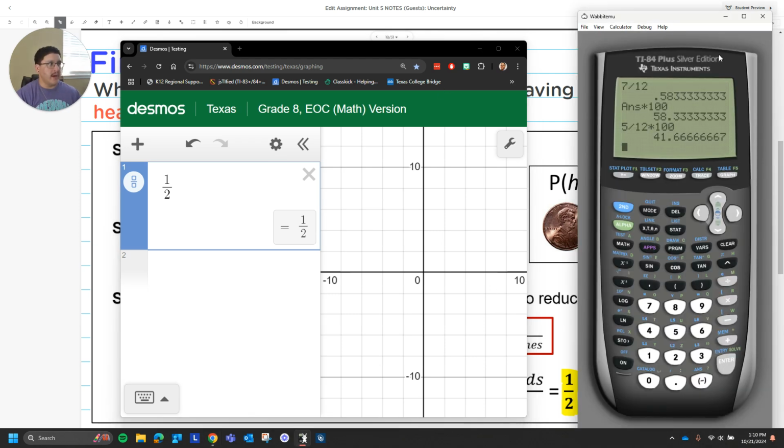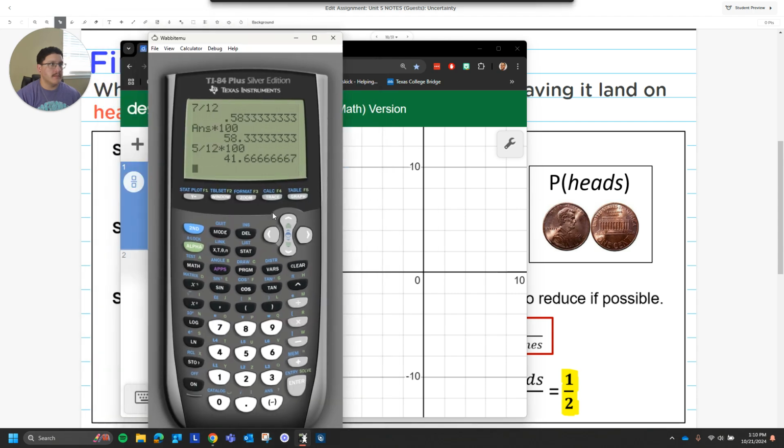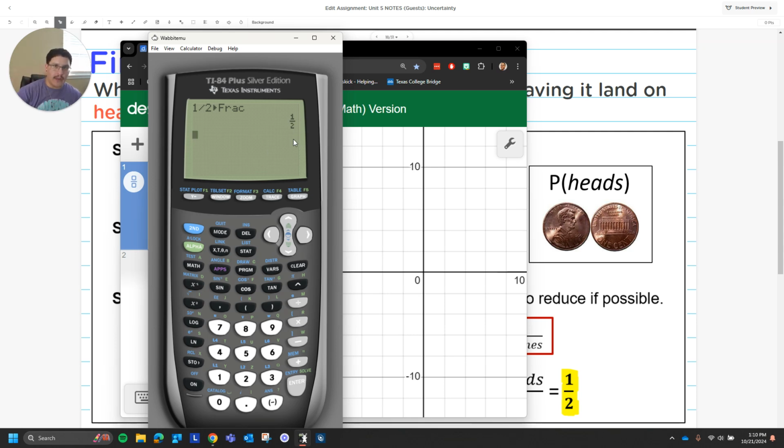Now, on a TI-84, you would type in the fraction, 1 divided by 2, press math, enter, enter, and then have it reduce the fraction from there. And again, it does not reduce any further. It just gave me back the fraction that I entered. So 1/2 is the final reduced answer.